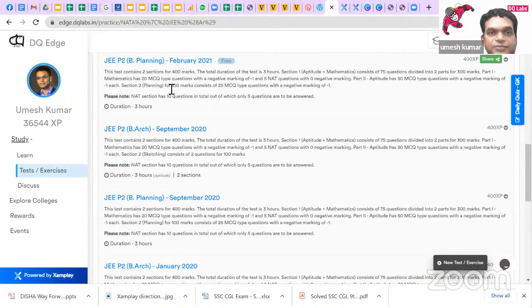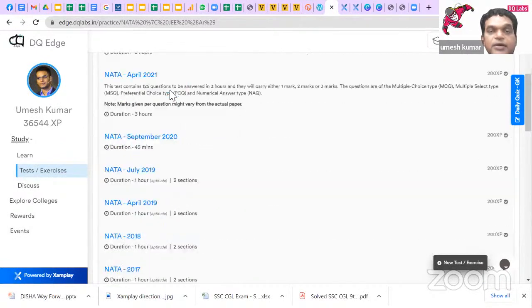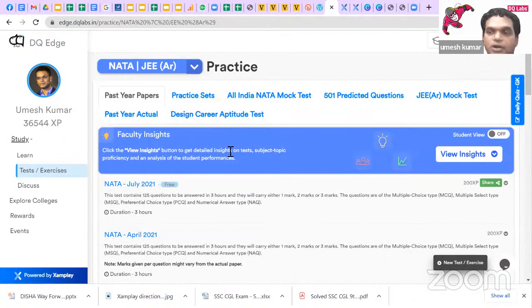Some papers are free, some have to be paid, but whatever is free, you can go, or if not, please upgrade. It is worth buying the course. Then I would want you to do 501 predicted questions, and then the All India NATA mock test.